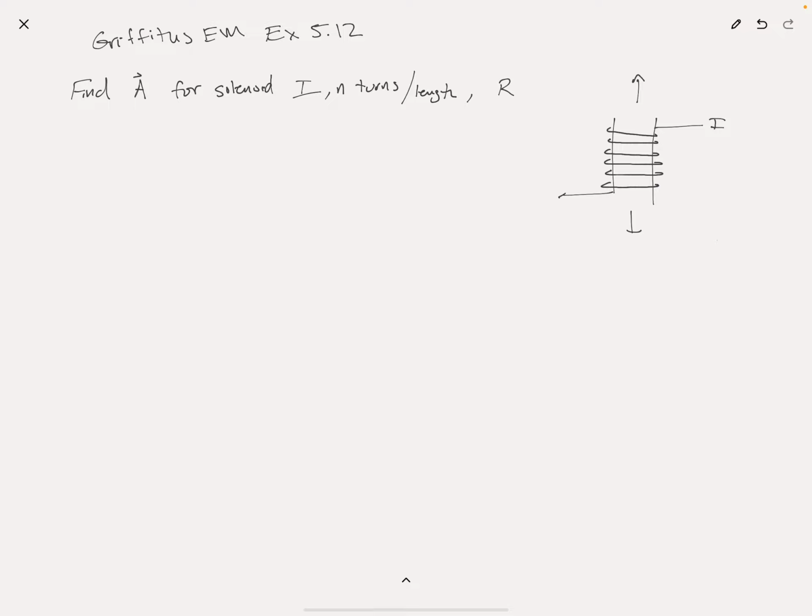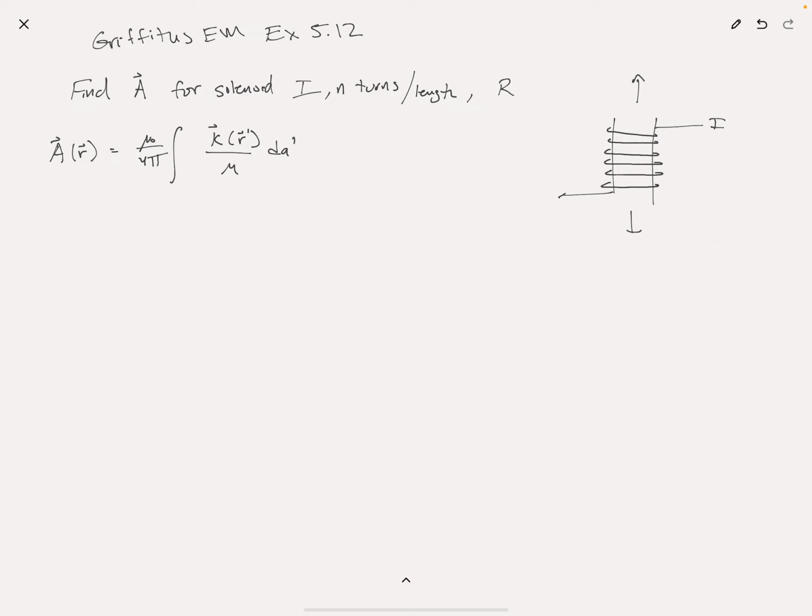We have one expression for calculating the magnetic vector potential, which says that if I integrate the current, kind of like our Biot-Savart law, then I can calculate the magnetic vector potential.